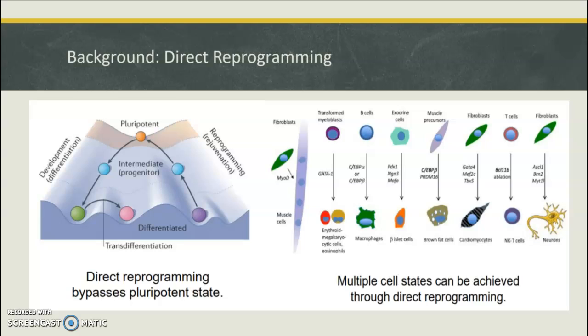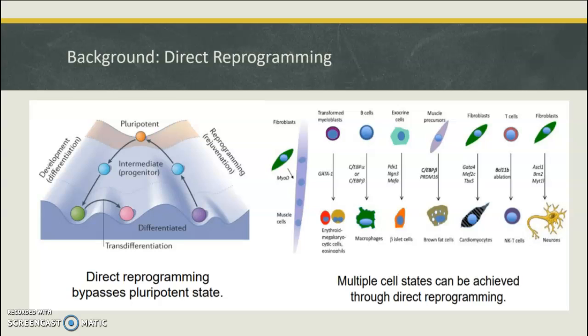And once scientists have reached this pluripotent state, they can then manipulate that cell back into a different differentiated cell. So it needs to move back into an intermediate progenitor state to another state where they can then differentiate that cell into the specific cell they want. And so, as you can tell, this is a very long process.